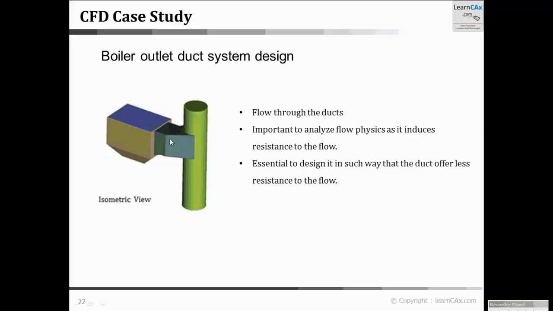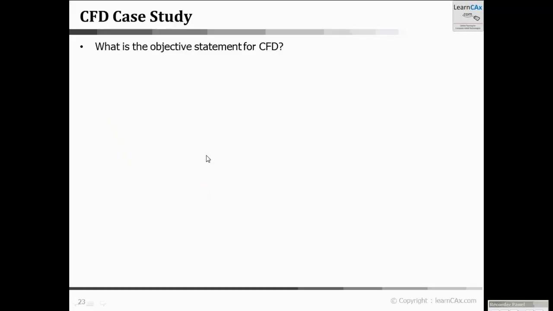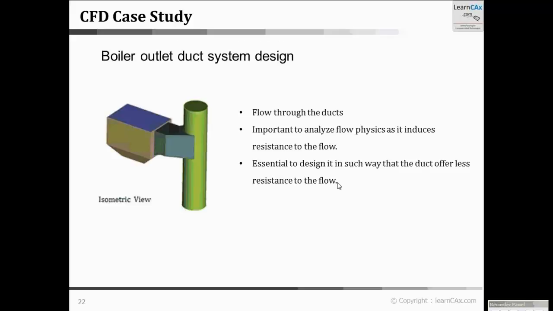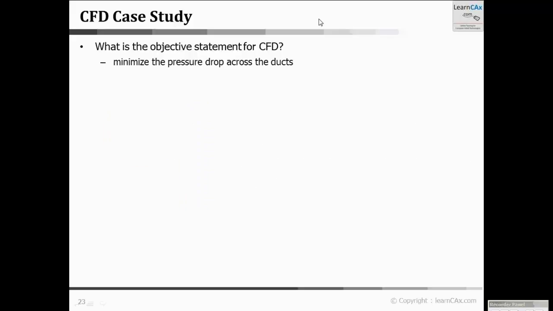So we have to optimize the entire design in order that the pressure drop is less and less power is required in order to drive the flow through this duct system. So the objective of the problem is to minimize the pressure drop and to come up with a design which actually gives least pressure drop.